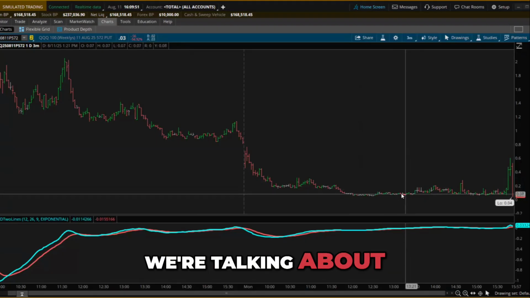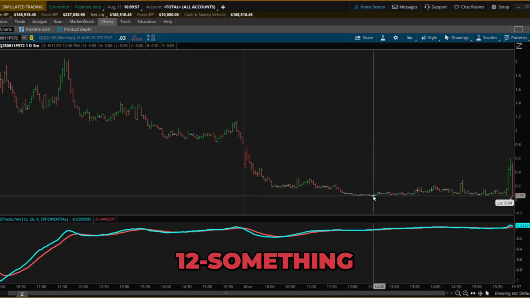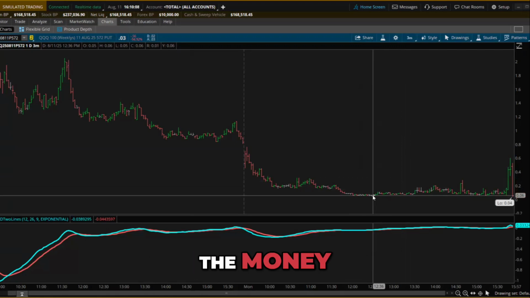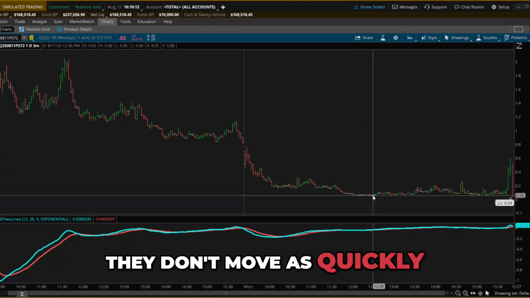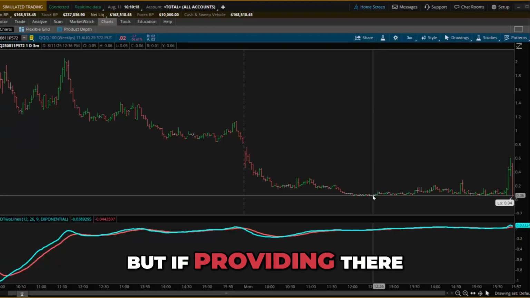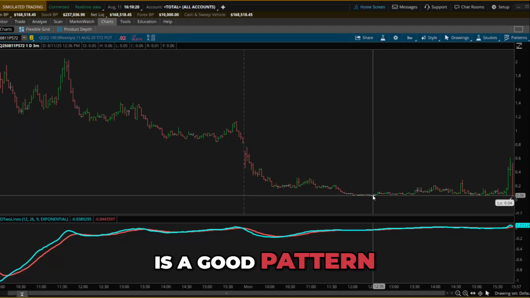So we're talking about this here, about maybe 12:30 in the afternoon today. It was still trading at its lows because you have to figure these are out of the money, so they don't move as quickly. And that's good. It's good for us because we only buy out of the money, providing there is a good pattern.